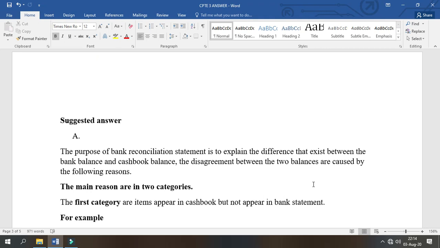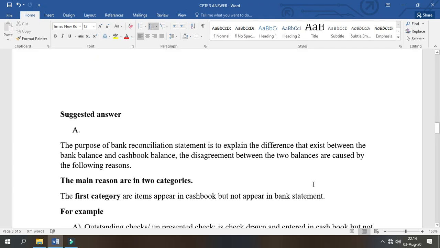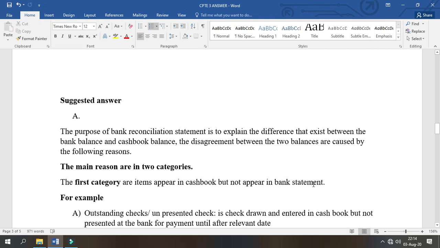In this first category, for example, you have the outstanding check. The outstanding check is also called the unpresented check. What is an unpresented check? Dear friends, the unpresented check is a check drawn and entered in the cash book. The business draws a check and enters it in the cash book, but it is not presented at the bank for payment until after the relevant date.